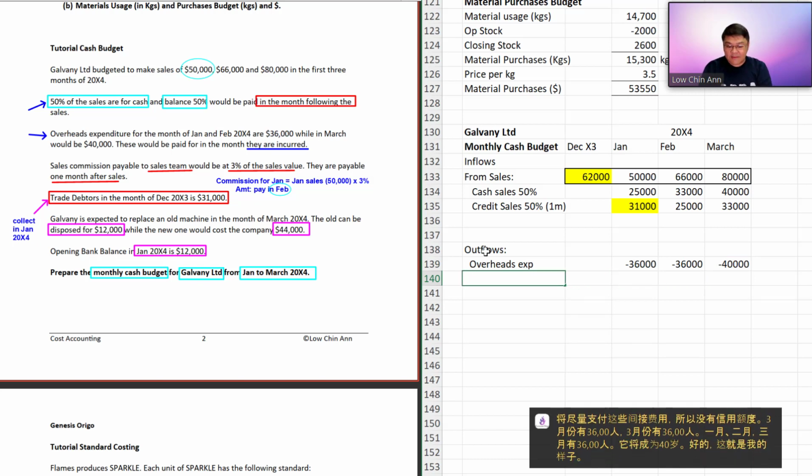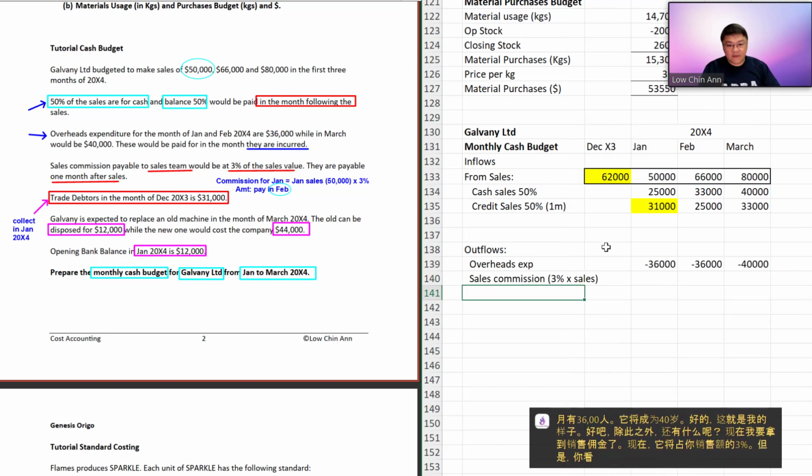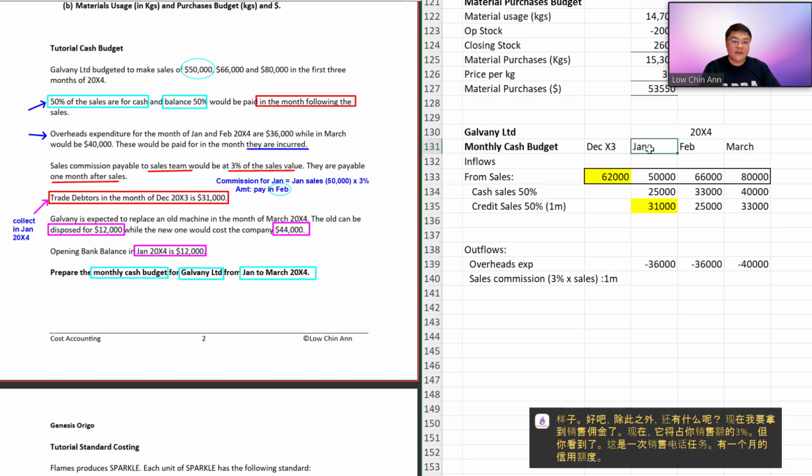Now I'm going to have my sales commission. It's going to be 3% of your sales. But you see, this sales commission has 1 month credit. So the sales commission for January is 3% of January sales, but you don't pay in January.